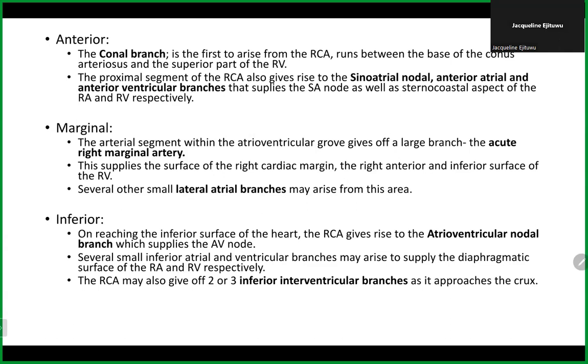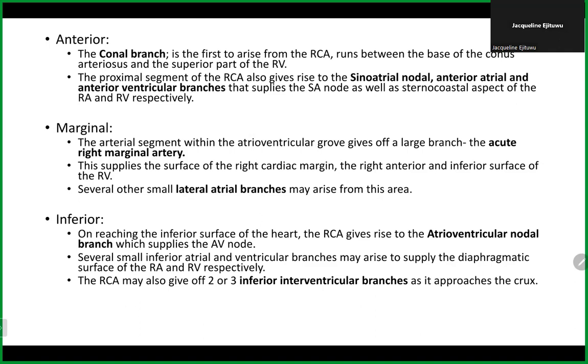So the marginal branch of the right coronary artery, after giving off the previously mentioned anterior branches, continues along the atrioventricular groove to the inferior surface of the heart.